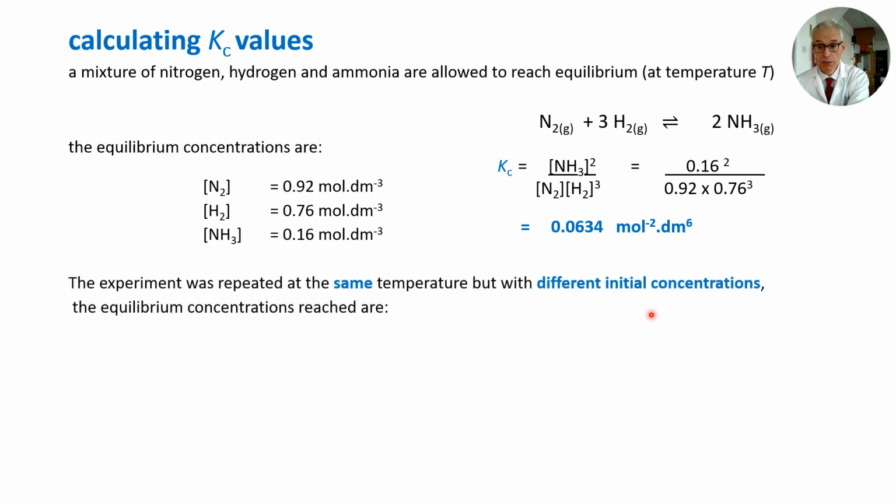The same equilibrium at the same temperature but with different initial concentrations was allowed to reach equilibrium. The equilibrium concentrations were found to be this set of concentrations here. Can you, using these concentrations, solve for the equilibrium constant Kc? Pause, come back to check your answer when you're ready.